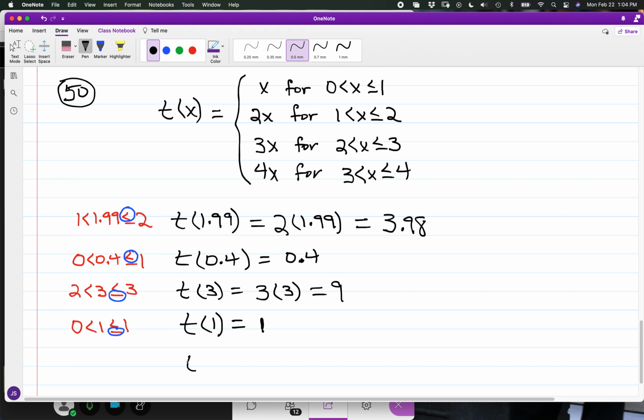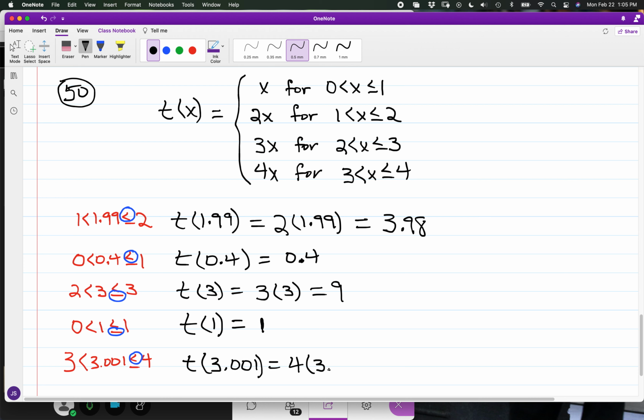And for the last of these inputs, we have 3.001, which is going to be greater than 3. So we'll be referencing the last of the compound inequalities, using 4 times the input.